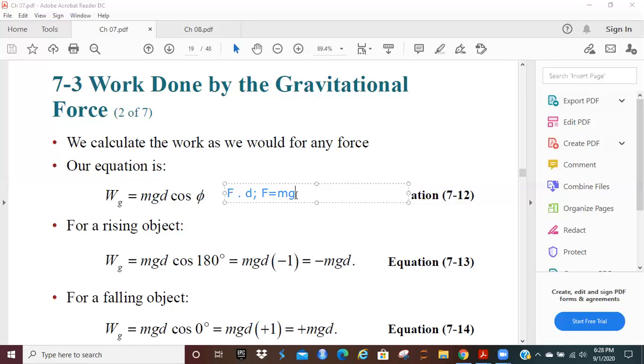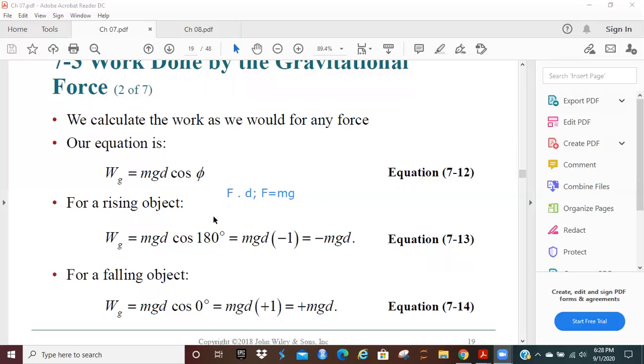And if we spell this out, the dot product becomes force times distance, which means we're going to have a cosine of the angle between those two vectors, which is also going to be included. A little further.